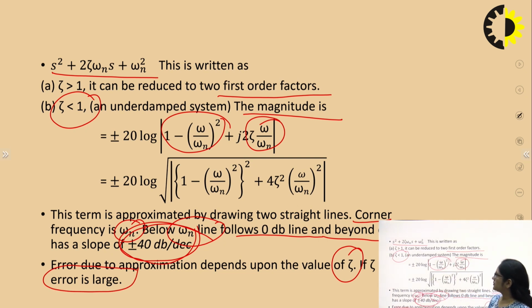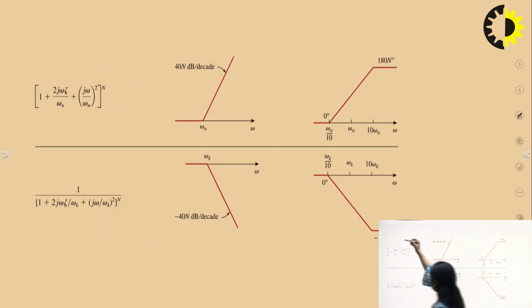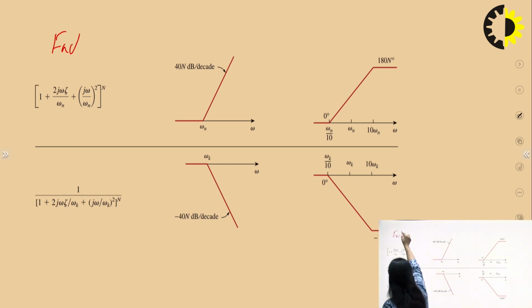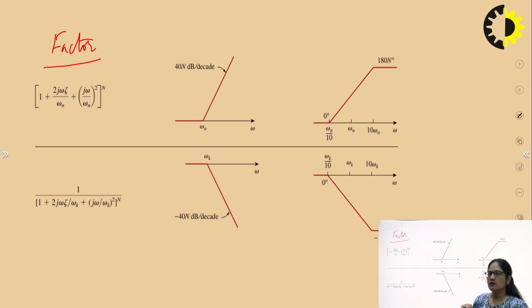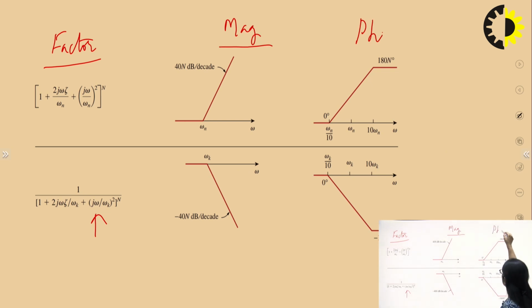So, how is this represented in the Bode plot? This is the factor we are talking about. This could be a second order factor in the numerator corresponding to the zeros, and this one corresponds to the poles. This is the magnitude plot and this is the phase plot.